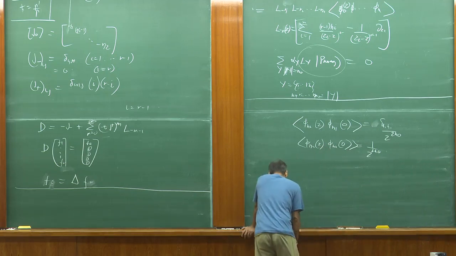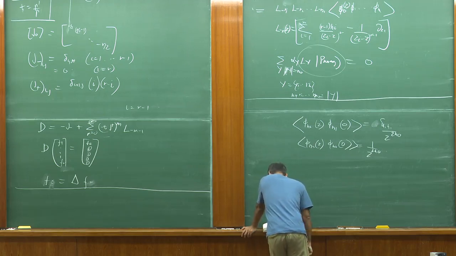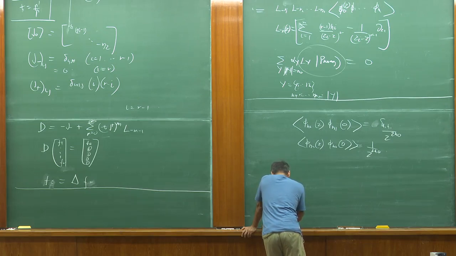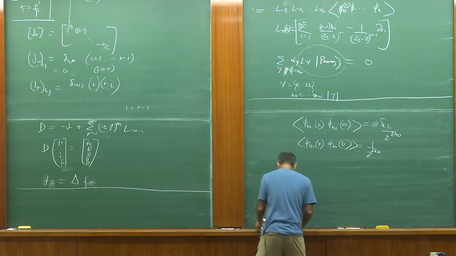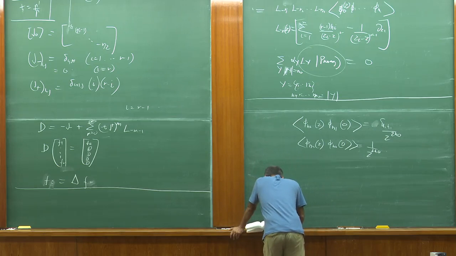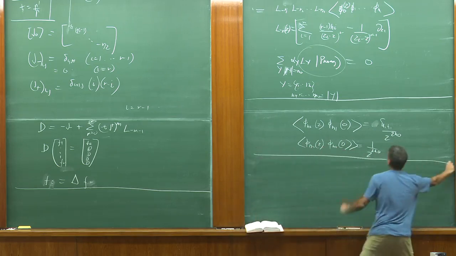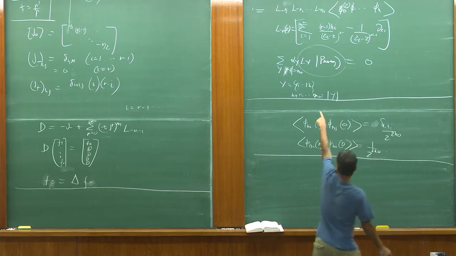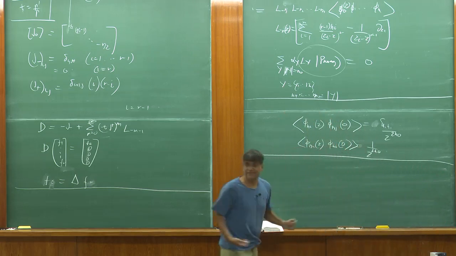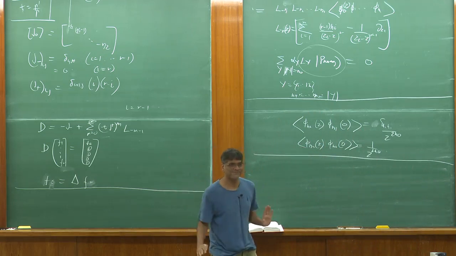So claim: suppose I act with this. Since we're looking at 2-point functions, that L operator is simple because the sum in that L operator goes away.